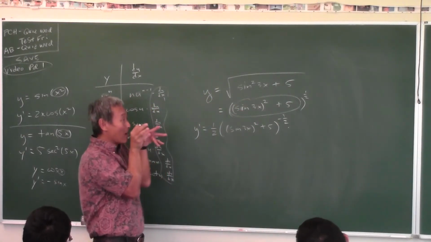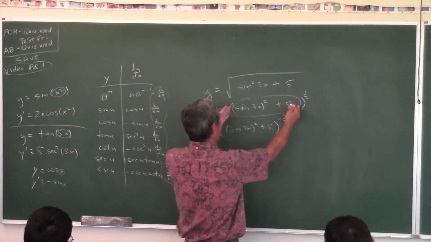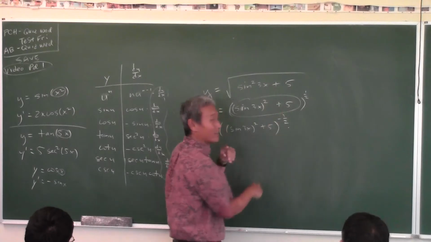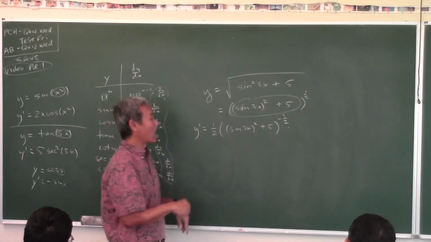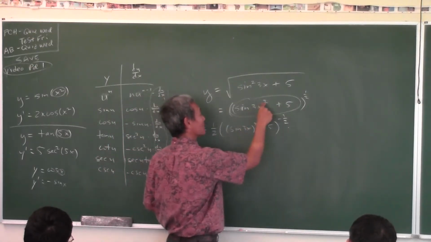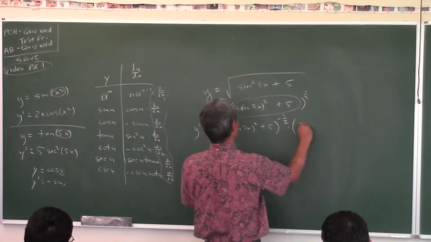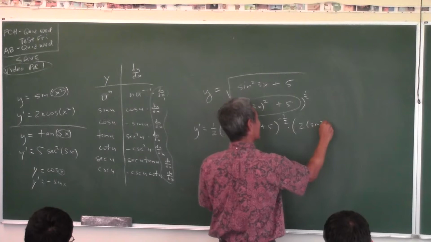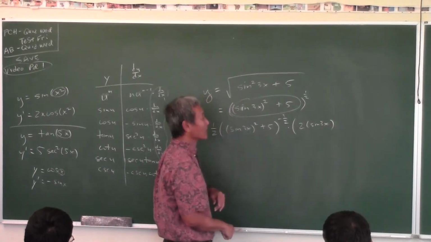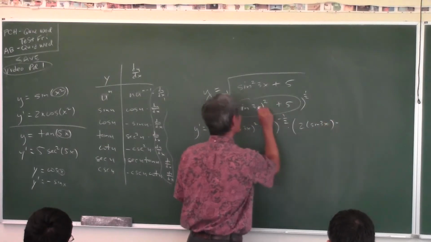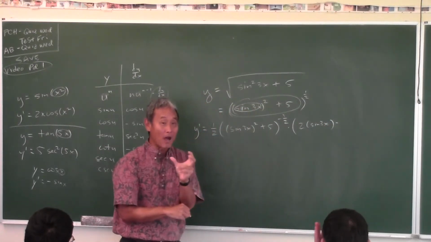Okay, so now just focus your attention on this box right here. Now what do I see? I see box squared plus 5. How do I take the derivative of box squared plus 5? Now box squared, can I just go 2 box to the first? No. 2 box to the first times the derivative of the box.